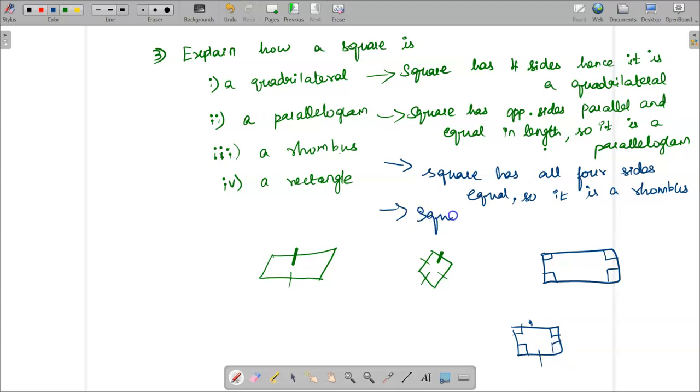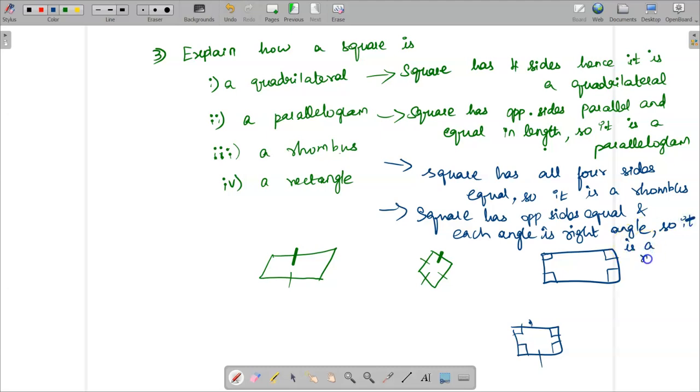So a square has opposite sides equal and each angle is a right angle, so it is a rectangle.